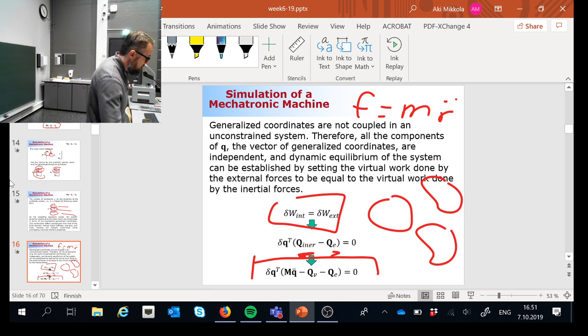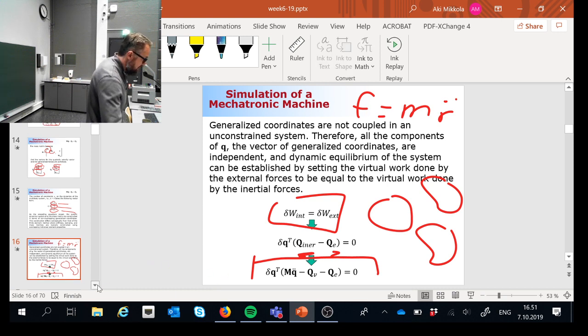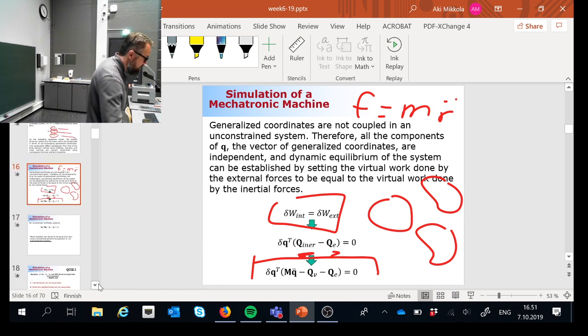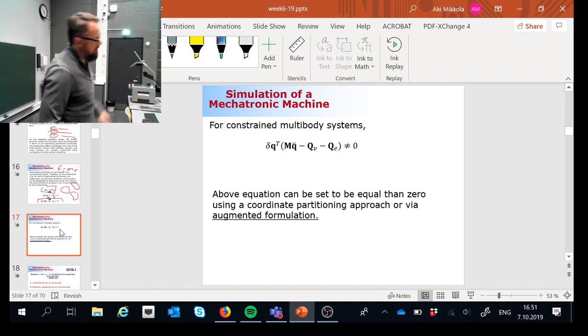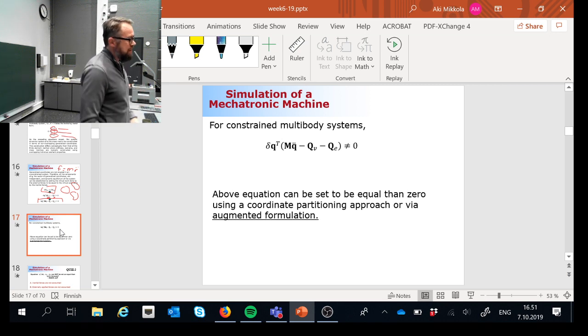Now, let me emphasize, this is again in a case of an unconstrained system. If I introduce a constraint to my system, then this equation is no longer equal to 0. By the way, this may not concern you, but I'm sure that you have heard about this concept of virtual work many times before.